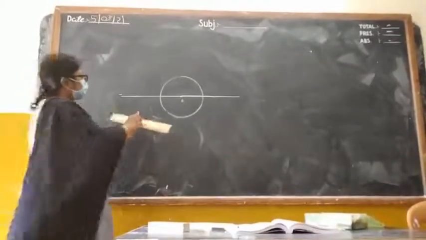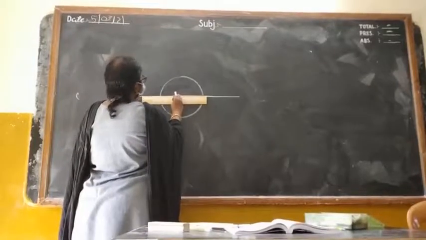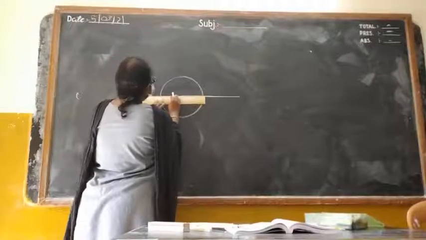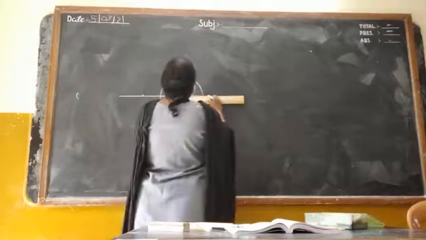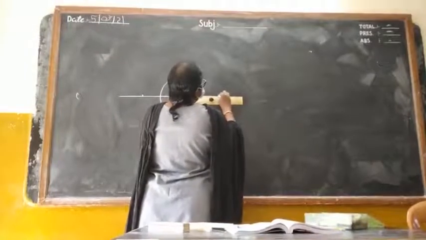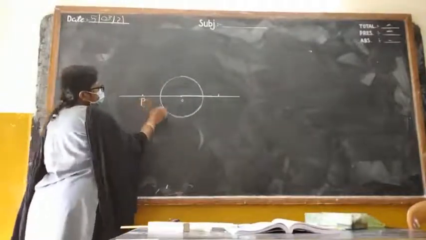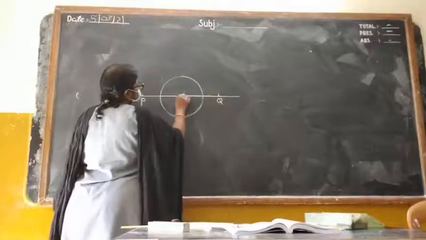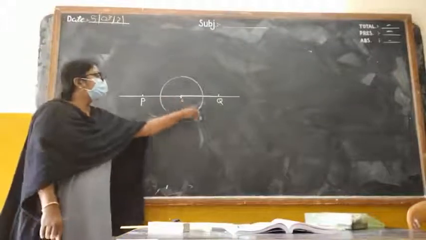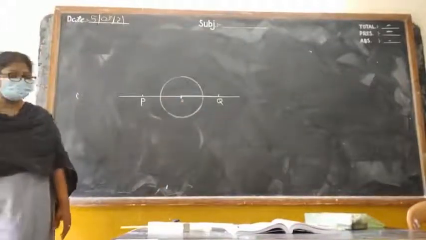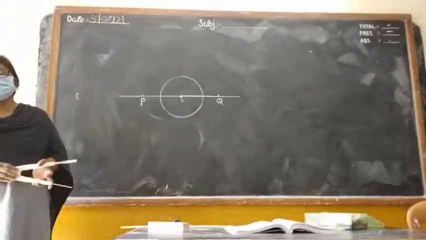Okay. So from the center, so P and Q. This one P and Q. So from this PO will be equal to 7 cm and OQ will be equal to 7 cm. Now from this P and Q, you have to draw the tangent.